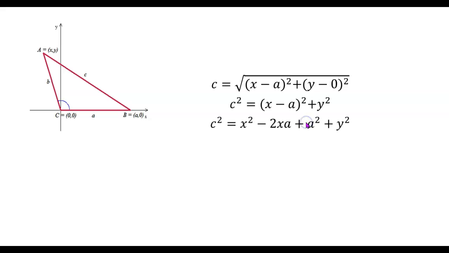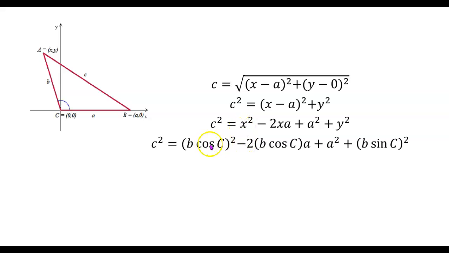Okay, so now going back to the work we've done so far, in place of x, we can put b cosine C, here and here, and in place of y, we can put b sine C, so now it looks like this.